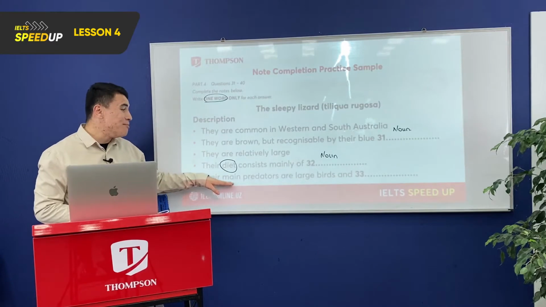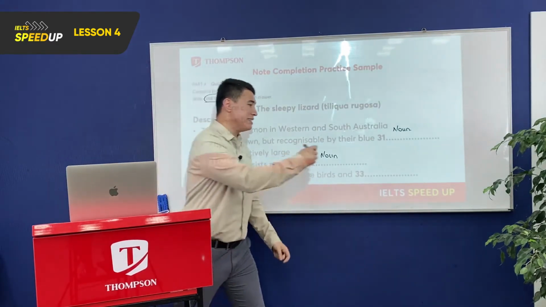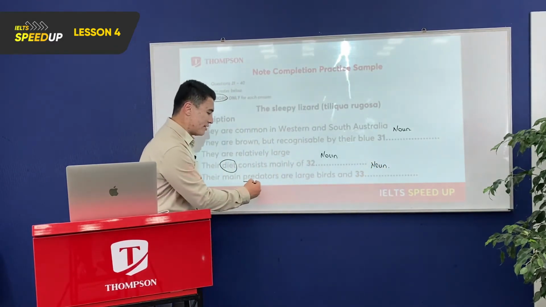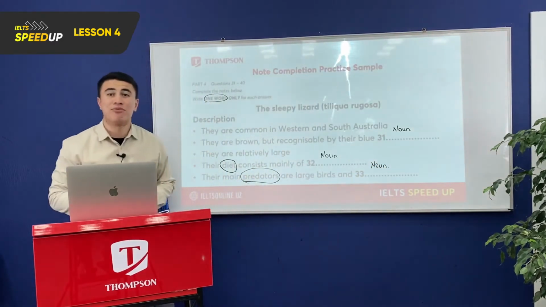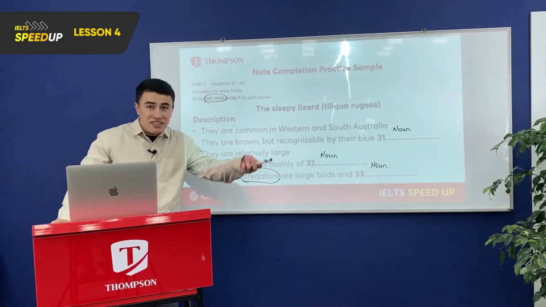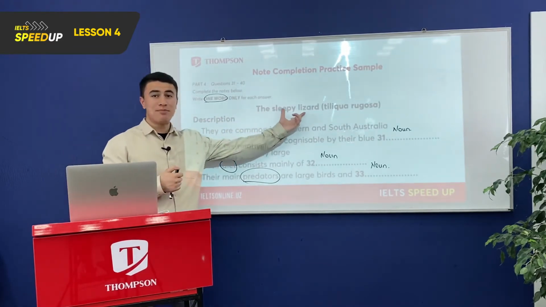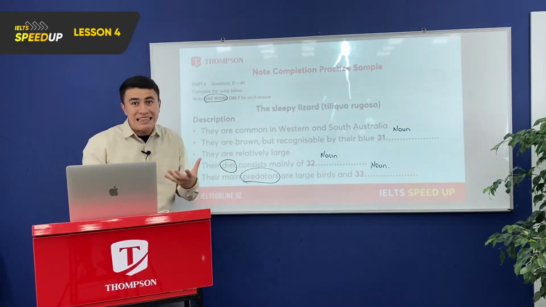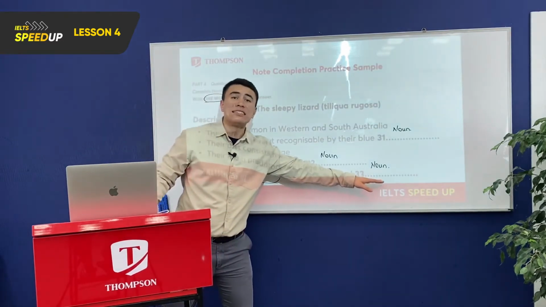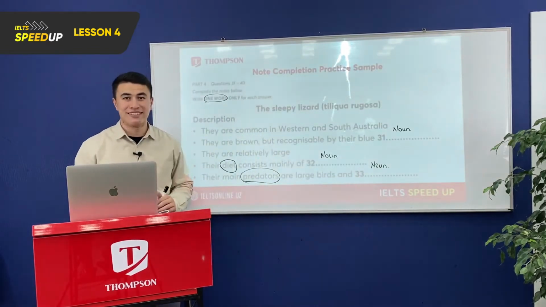Their main predators are large birds and, so this is a noun. And the word that you may not understand here, predator. These are the animals that eat other animals. You should understand that this sleepy lizard can be killed or eaten by large birds and something, probably another type of animal.